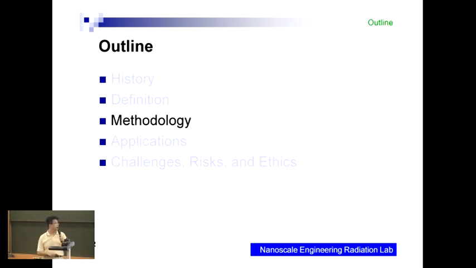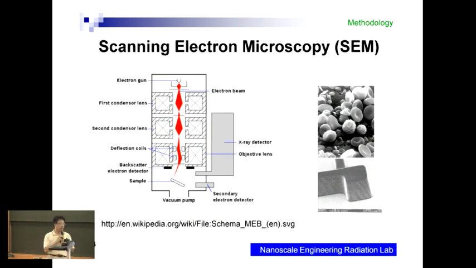Now we shift the focus to the methodology. So if we want to use the nanotechnology, the first thing is that you need to see. You want to know what's going to be fabricated. How does it look like? Does it look the same as you expected, as you designed?